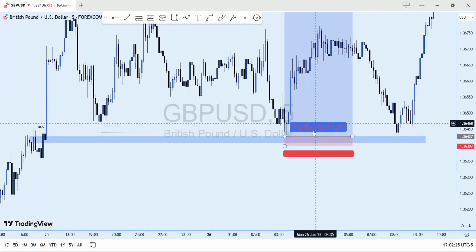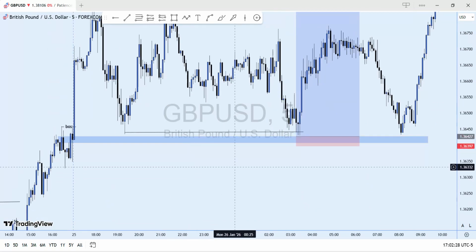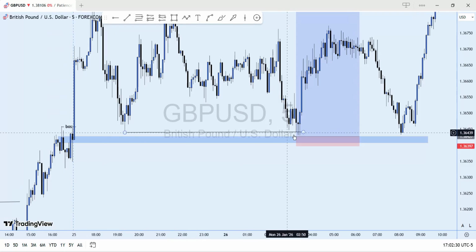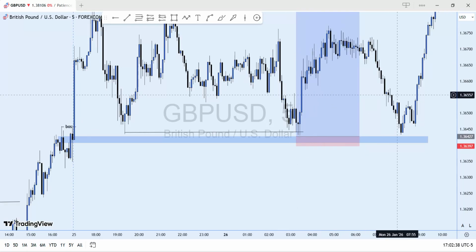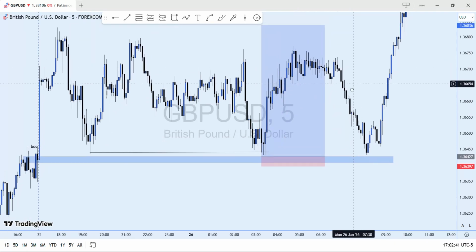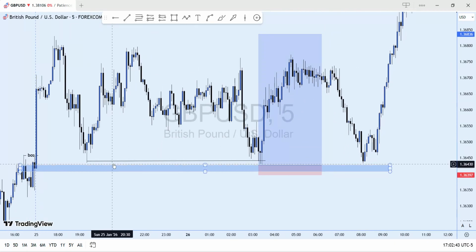So the market came, it didn't tag me in. I missed this trade. Just see how I missed this trade, just by a pip. The trade came to this point, and then I exited my order, so I missed the trade.